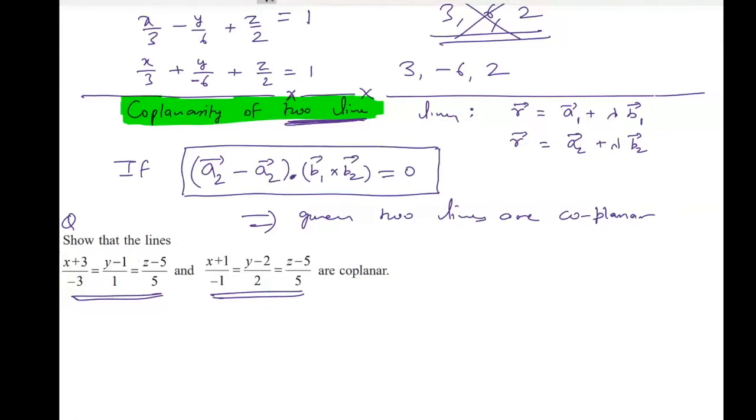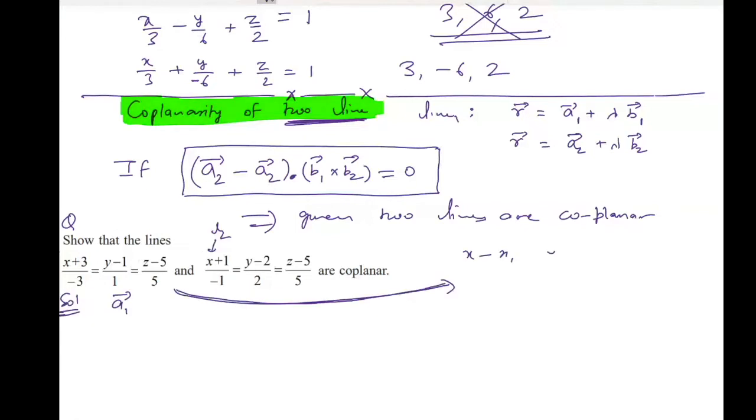This is the standard form of a line in Cartesian form, with direction ratios l, m, n. This is in vector form, and this is in Cartesian form. From here we can write the b vector, which is li plus mj plus nk.